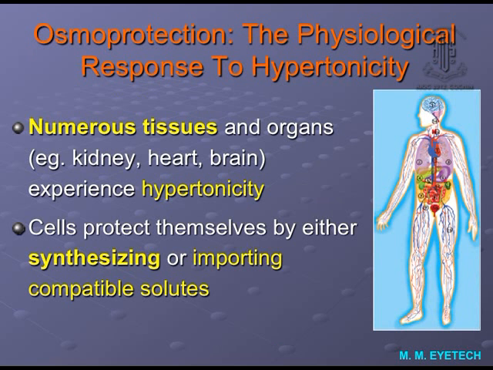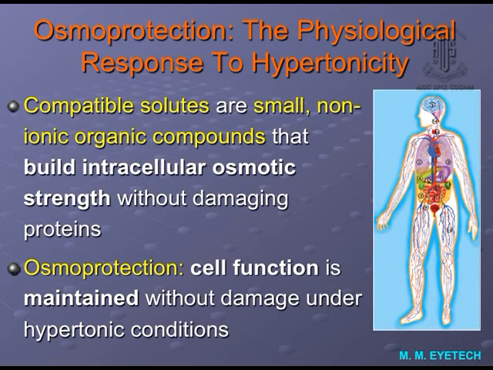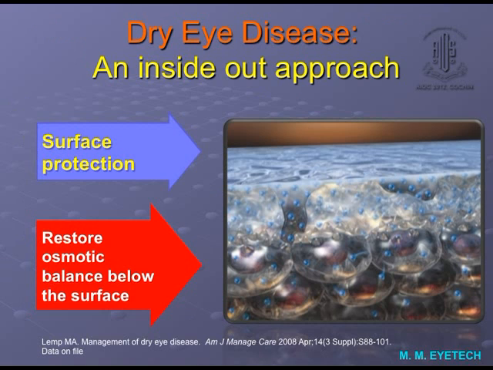Numerous tissues and organs in the body which experience hypertonicity, like the kidney, the heart, and the brain, protect themselves by either synthesizing or having the mechanism to import these compatible solutes. And this process of being able to do this import is called osmoprotection, where the cell function is then maintained without further damage.